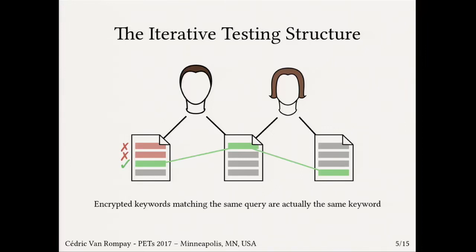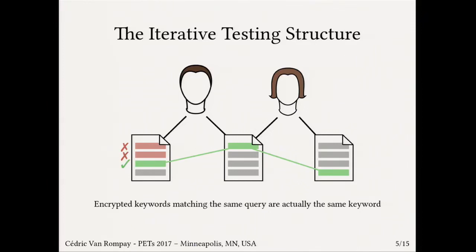You can see three of them here that are lists of encrypted keywords. And the search operation consists in the server performing some tests against each keyword separately. Here you can see the test failing on the first two keywords and passing on the third.